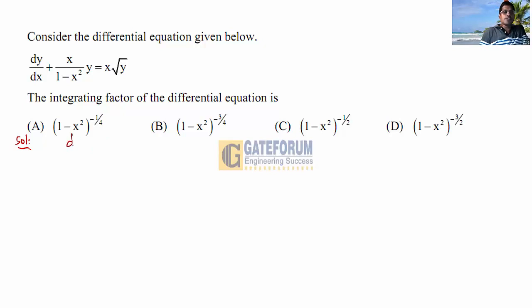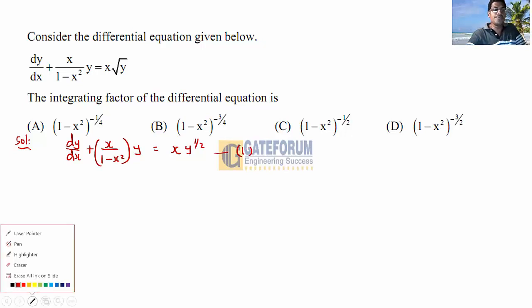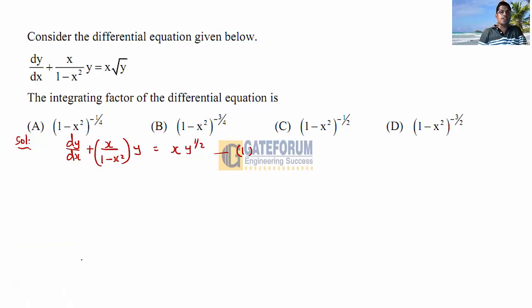So the given equation can be written as dy by dx plus, I want to put, x by 1 minus x square in brackets into y is equal to x times root y, which can be written as y to the power 1 by 2. So this looks like equation 1 is a Bernoulli equation in y, that is dy by dx plus p into y is equal to q into y power n, where n is not equal to 1.